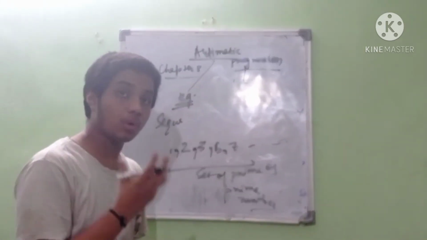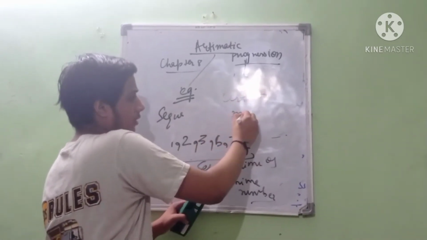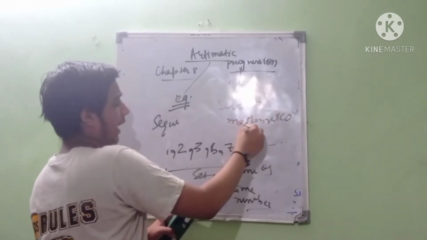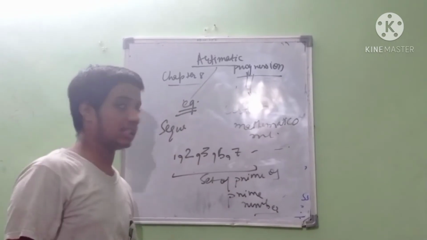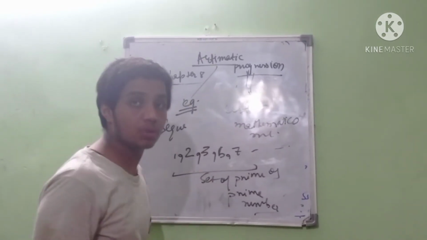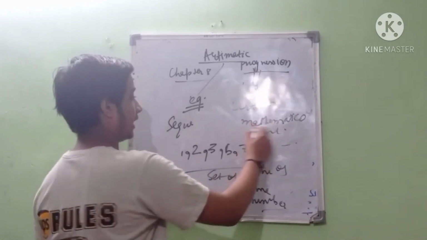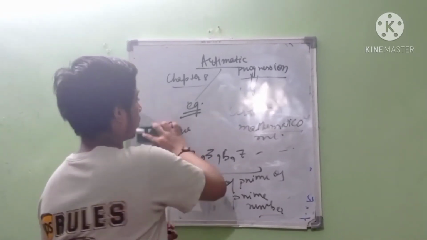But these do not follow a certain mathematical rule. Hence, it is not a progression. So the biggest difference is that a sequence can be any set, but a progression should have a certain rule that is specified by mathematics. So that's the difference.